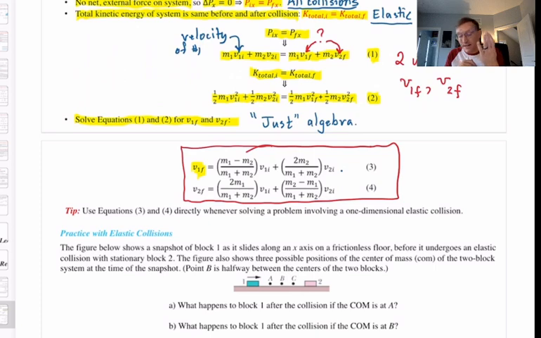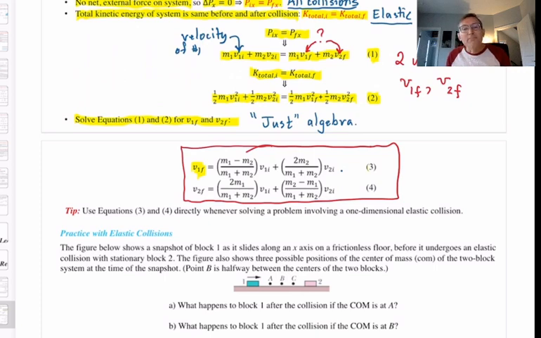The assumption is that in equation 3, those 4 things I just stated would be known in the problem. So equation 3 is the formula for V1 final. That is going to tell us what particle 1 is doing, i.e., what direction it is moving in and how fast after it collides with particle 2.